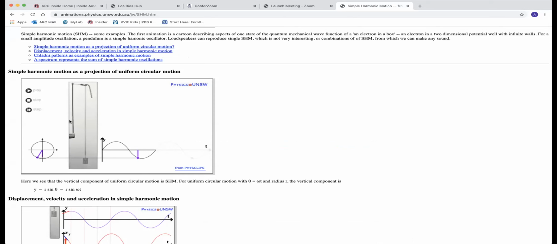And if you see here, this is exactly what we're talking about, right? So if we just look at this spring oscillating, or this weight oscillating up and down at the end of a spring, and then we translate that to a sine wave, there it is, right? Where the x-axis is actually the time and the y-axis is the position, okay?